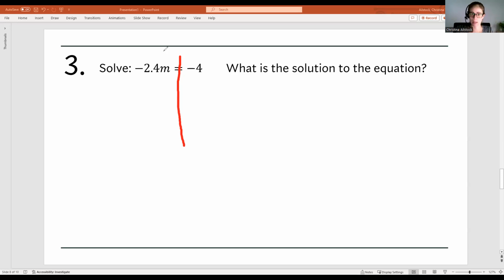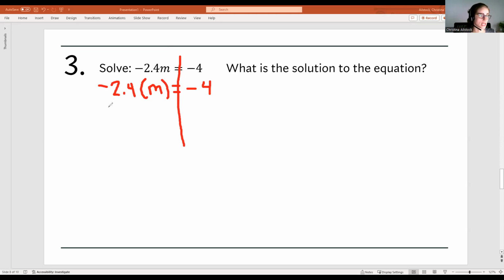Well, remember when you have a number and a variable side by side like that, it means they're being multiplied. And I'm going to use parentheses instead of a dot for multiplication because I don't want it to get confused with the decimals. So if you ever need to rewrite it to make it more visual to you that it means multiplication, do so. Well, now that we recognize multiplication is going on, we need to do the inverse in order to solve.